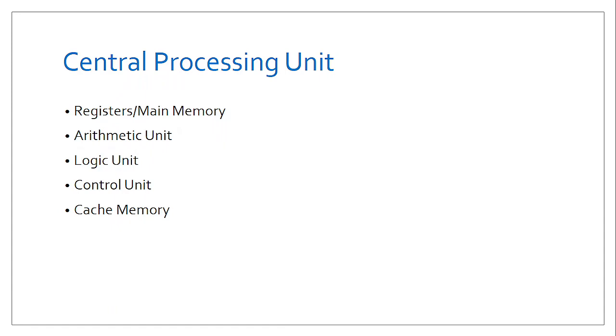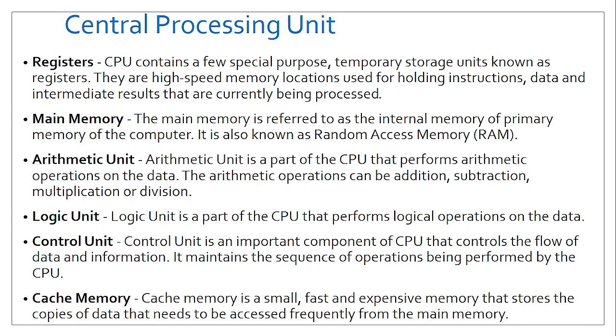Now these are the crucial parts of the CPU, and we are going to see what they do step by step. For example, the register. A register actually is special purpose. It's kind of a temporary storage unit that stores high-speed instructions, right?